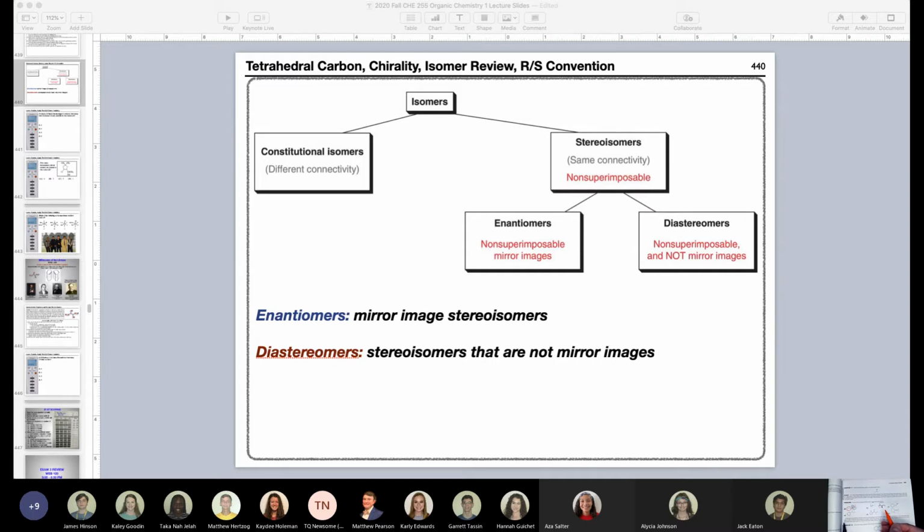So Aiden says the masses of things attached to those carbons. That is correct, but I don't want to use the word mass. Let's use atomic number. Generally speaking, the atomic masses increase as you go in increasing atomic number, but the CIP rules use atomic number.